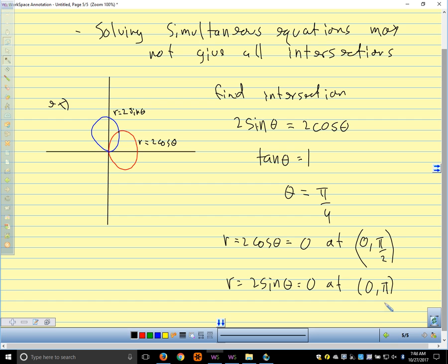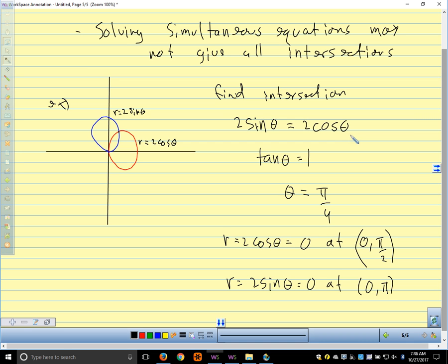So we split it here and just find the area on that half, and then multiply that by 2. So often you need to graph to make sure you're getting all of your intersections. Just figure out when r is equal to 0 for both, and when theta is equal to each other.